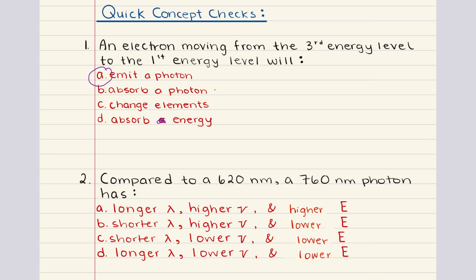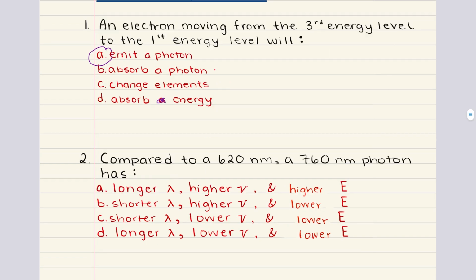C is incorrect. Changing elements involves altering the number of protons in the nucleus, not electron transition. So this is irrelevant here. And D says absorb energy. Moving down energy levels releases energy, not absorbs it. So this is also incorrect. Once again, the correct answer for problem 1 is A.